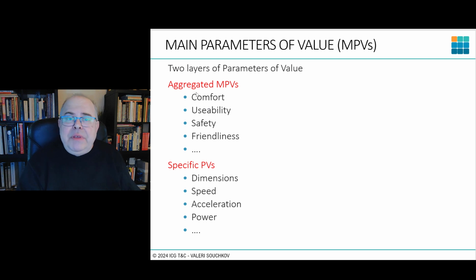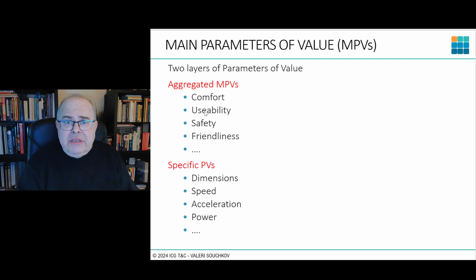Among aggregated MPVs, for example, are comfort, usability, safety, friendliness. Well, you see, these parameters you cannot measure. You can just compare two parameters from different business products or technical products, but they are not measurable.